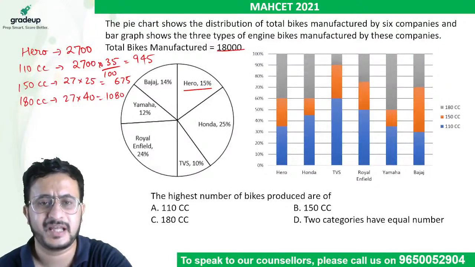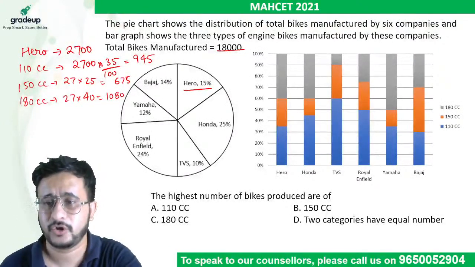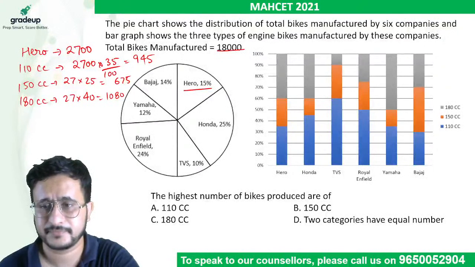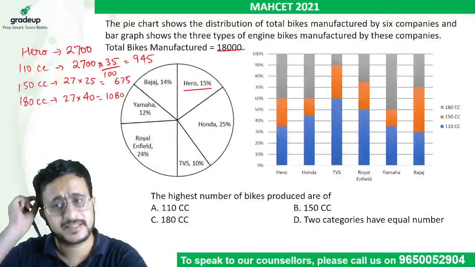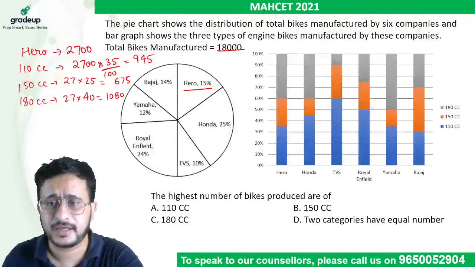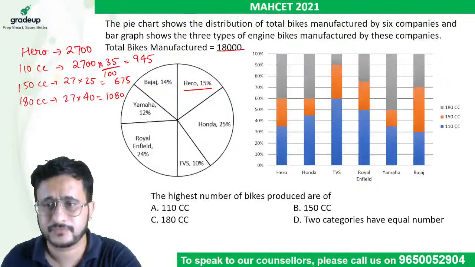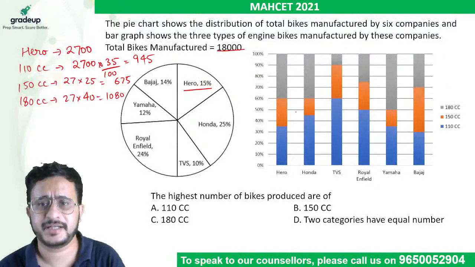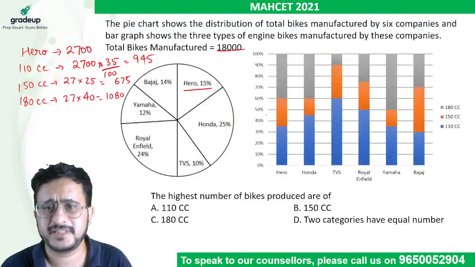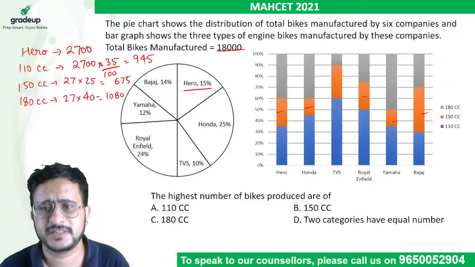So this is how you will calculate individually, but that is not needed. Let us see if we can answer it from the graph. First of all, 150 cc is very low in most of the cases, not the highest.